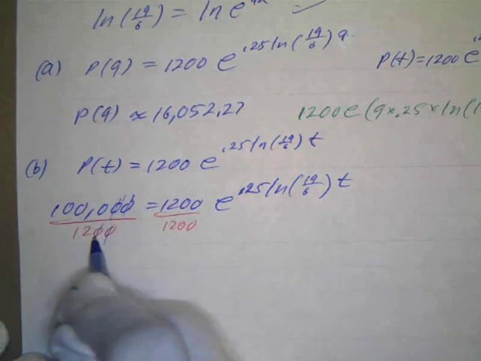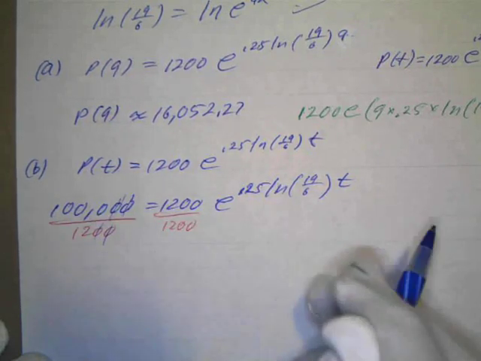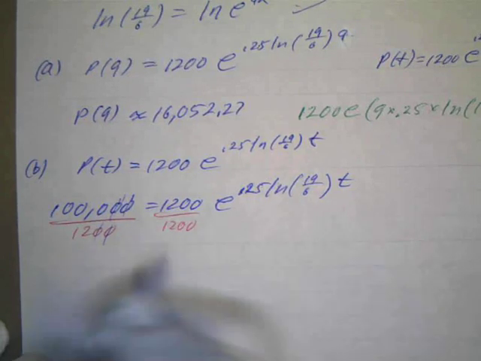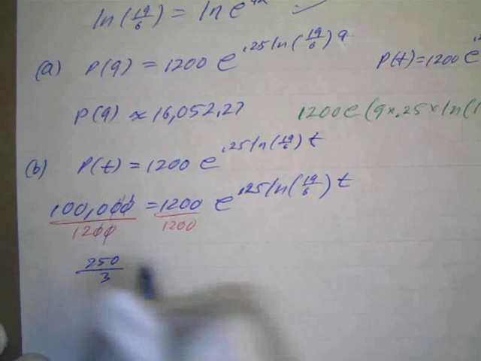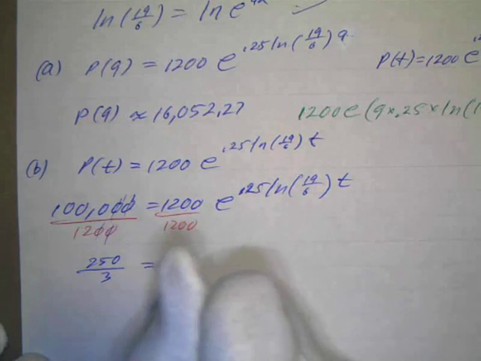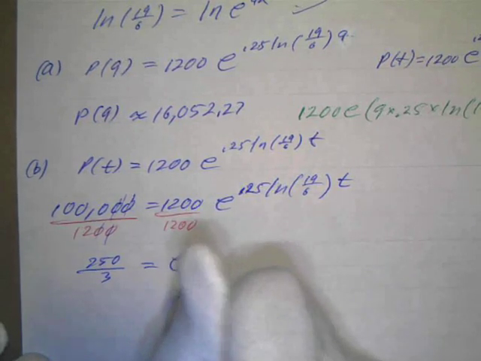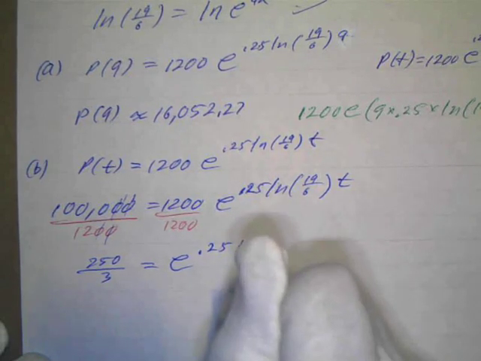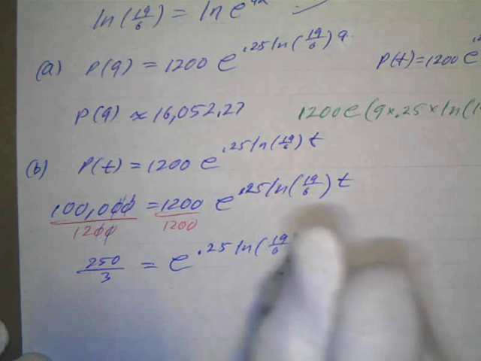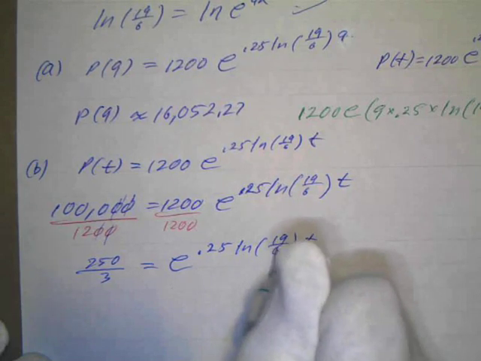So I got 1,000 divided by 12. And I know 4 goes into 1,000, 250, 4 goes into 12 3 times. So I got 250 divided by 3 equals e to the 0.25 natural log of 19 over 6 t.